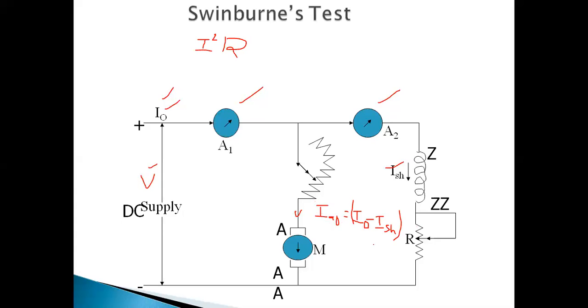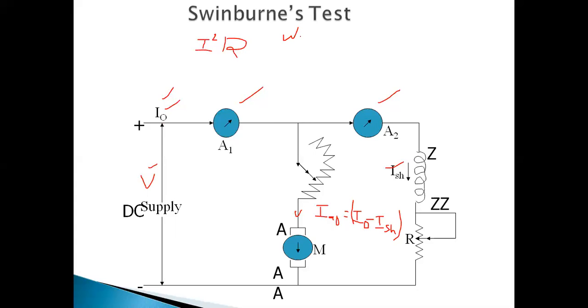Here RA is the armature resistance. Now, to get the constant losses, we have to subtract the armature copper losses from the no load power input.